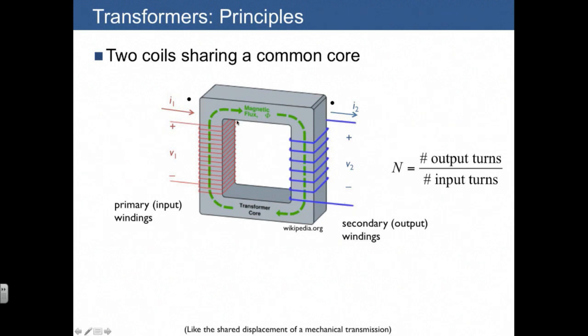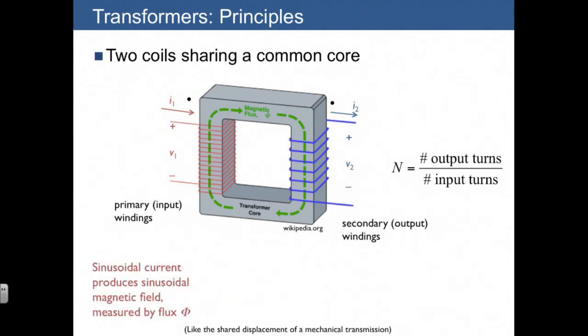The way a transformer works is that a sinusoidal current is applied across the primary winding, and that produces a sinusoidally varying magnetic field. That means that an AC voltage has to be applied, and the magnetic field is actually going to also vary sinusoidally, and that's measured with a quantity called the flux, designated by the variable capital phi.